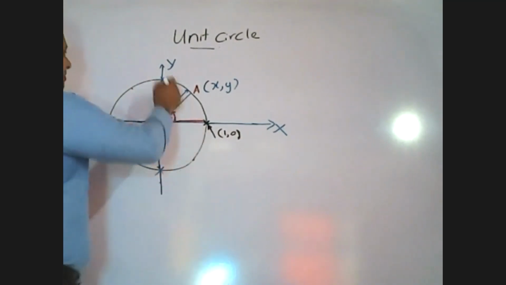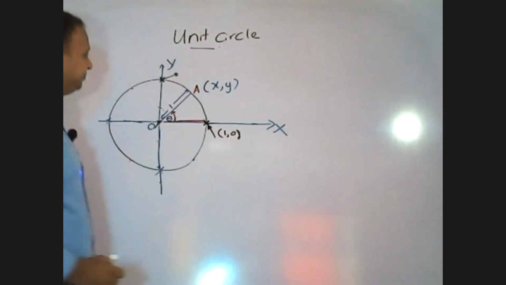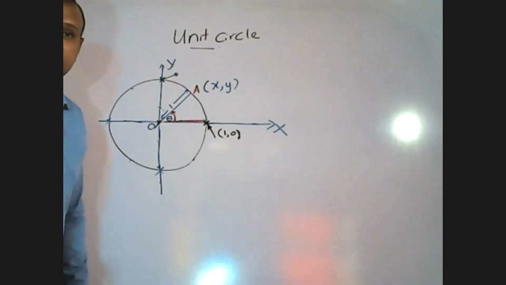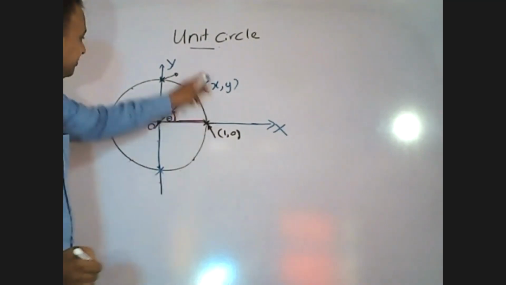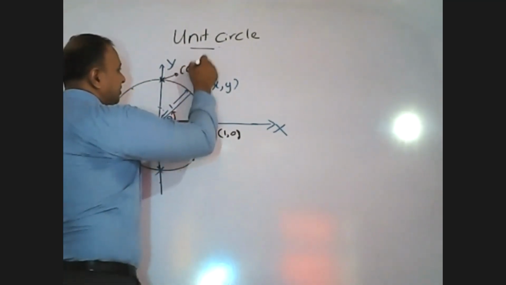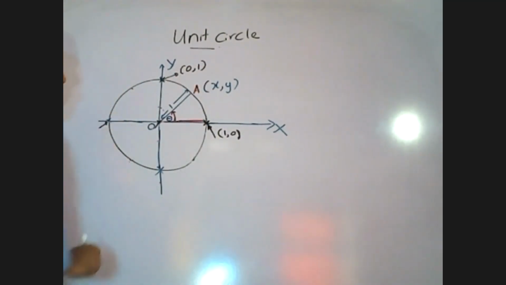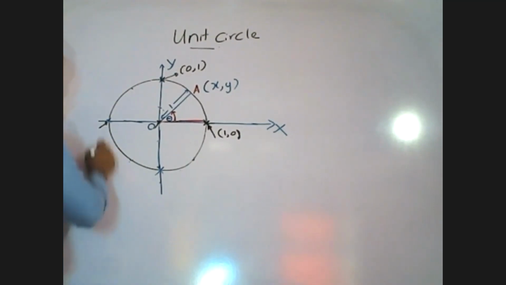Then what is the Cartesian coordinate of this point? (0, 1). Very good. This point? Again, think.